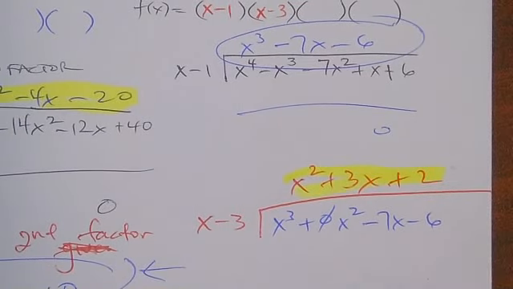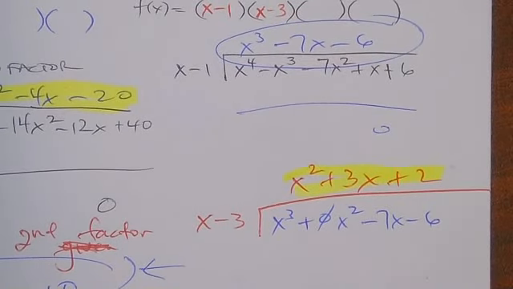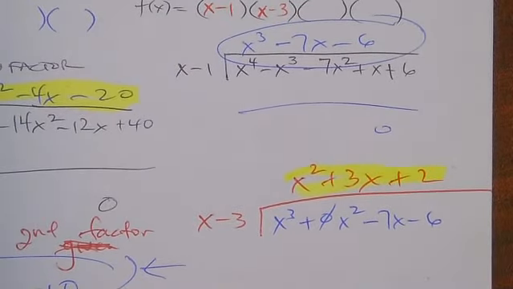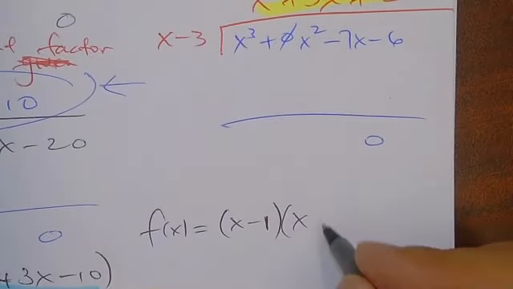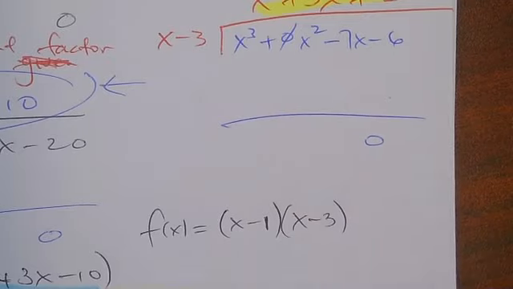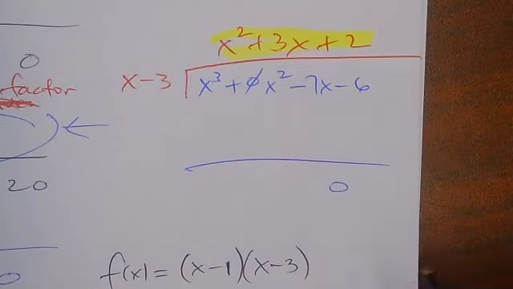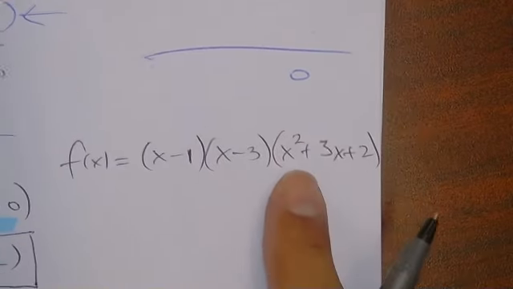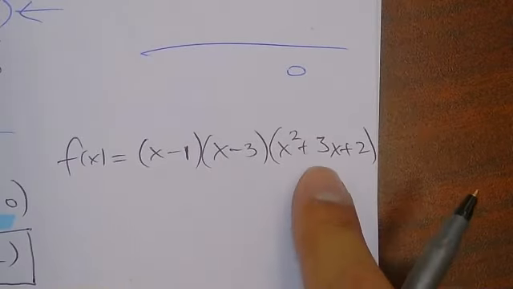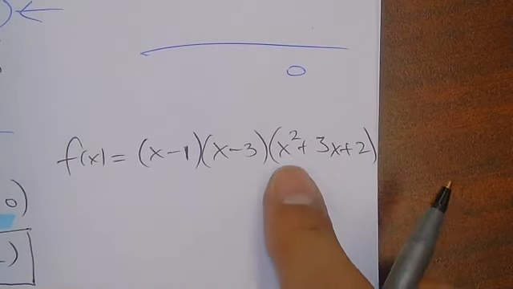All right. So I divided by the first one, I divided it by the second one, and I'm left with this dividend. So what do I know right now? I know that my polynomial is the first one that they gave me, the second one that they also provided there, and then times this.